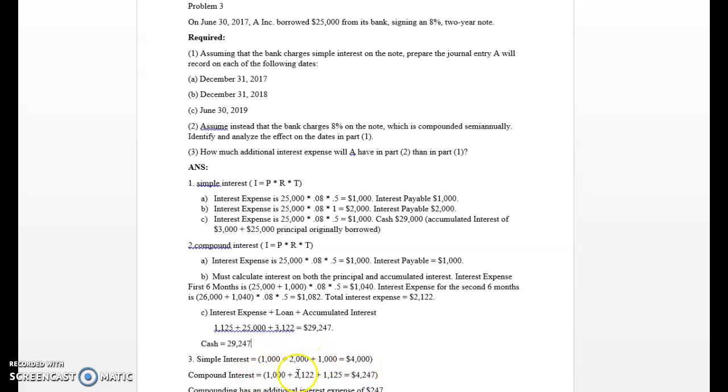For compound interest, do the same thing. You have $1,000 for A, $2,122 for B, and $1,125 for C. Add that up, $4,247 for compound interest. And then finding the difference in the expenses, we find that compounding interest has an additional interest expense of $247.